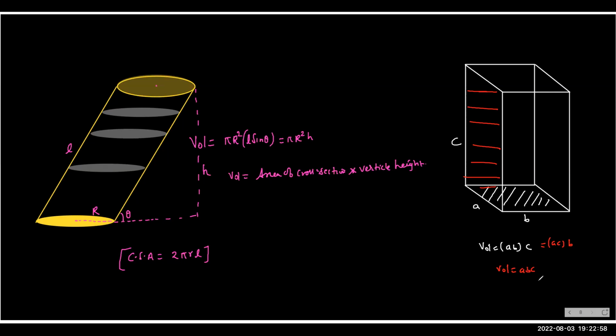And therefore, the problem comes when the cross-sectional area starts varying. So let's say I draw a cone. What is the biggest problem with the cone? As you go from top to bottom, the cross-sectional area will increase. So can we apply the formula the way we applied earlier, the cross-sectional area into height? No. Because of this difficulty in writing the volume, we bring the concept of elementary volume.